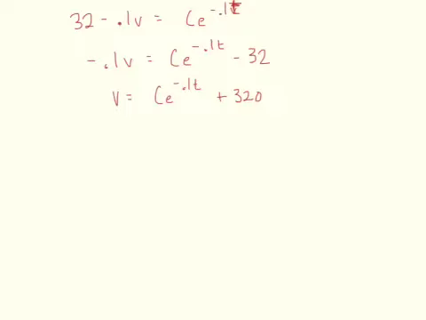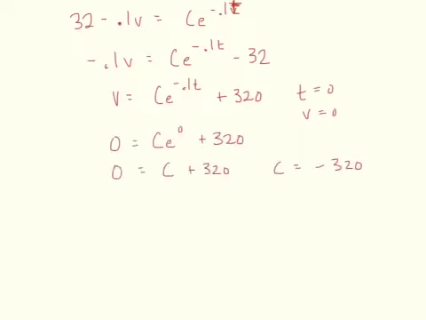And then our last step is to solve for c. And so remember we started from rest, so when t equals 0, v should equal 0. So we'll plug that in. And when we plug that in, we see that c has to equal negative 320. So we end up with v equals 320 minus 320 e^(-0.1t).